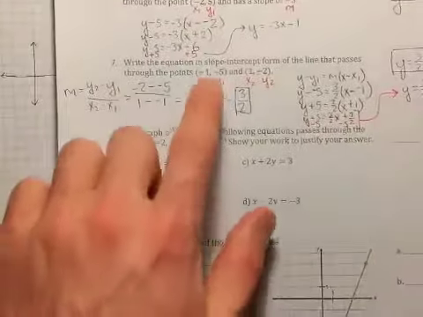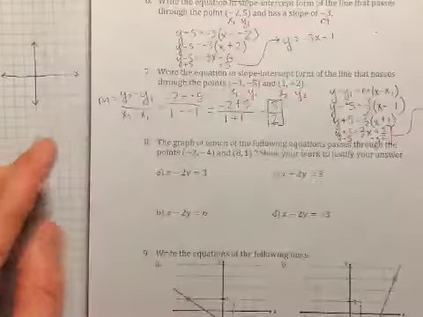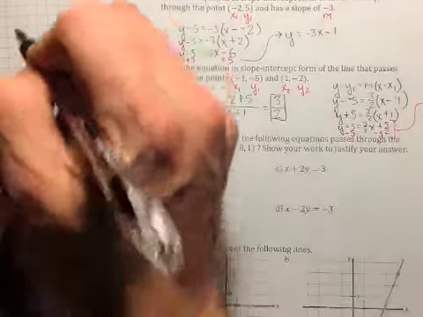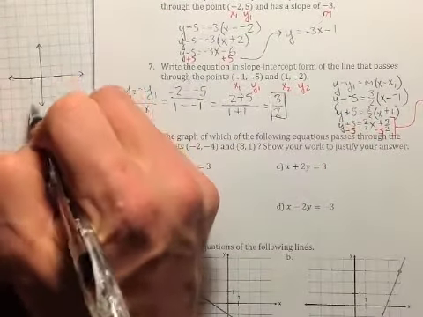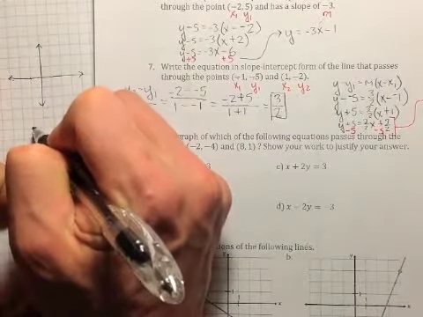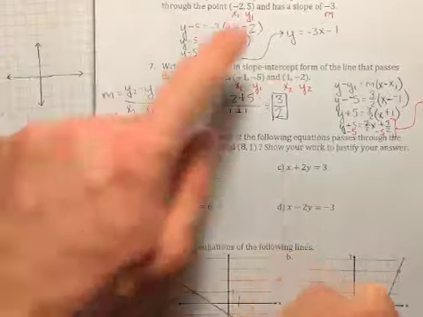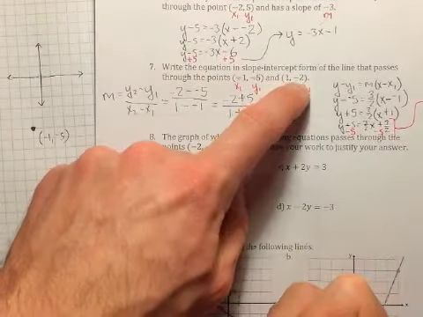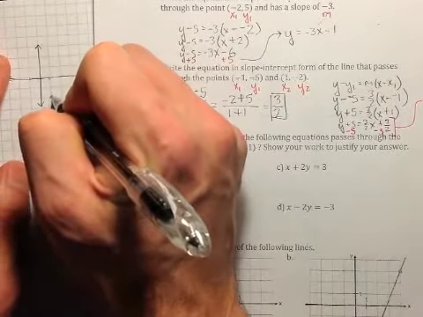So, our first point is negative 1, negative 5. So, negative 1, negative 5 means left 1, down 5. So here is negative 1, negative 5. And then the next point is 1, comma, negative 2. So over 1 to the right, down 2.